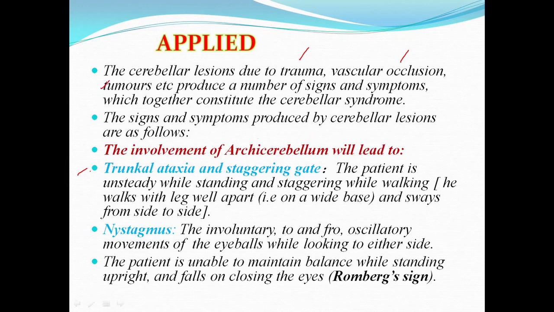Normally we look side to side, but these people have involuntary to and fro movements of the eyeball, called nystagmus. These patients are unable to maintain balance when they stand upright. If we ask them to stand, they will stand normally, but they start falling when they close their eyes.